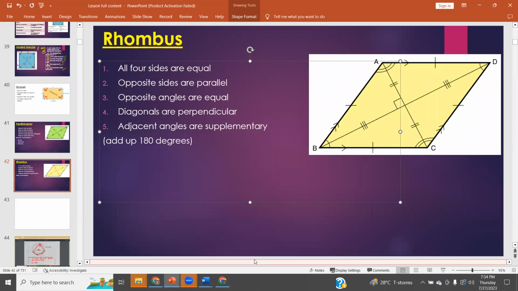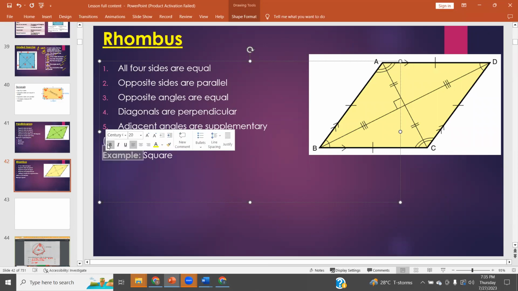So what is an example of a rhombus? It's a square. A square is an example of a rhombus, because in a square all sides are equal.